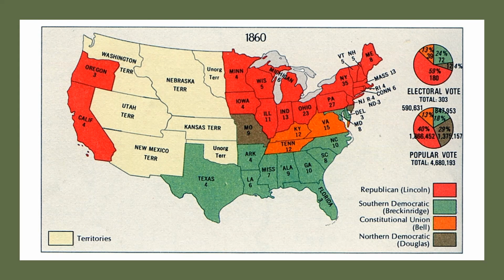The Southern Democrat Breckinridge successfully won the Deep South, but there also were other parties. There was a Northern Democrat representative, Douglas. He actually didn't do all that well.